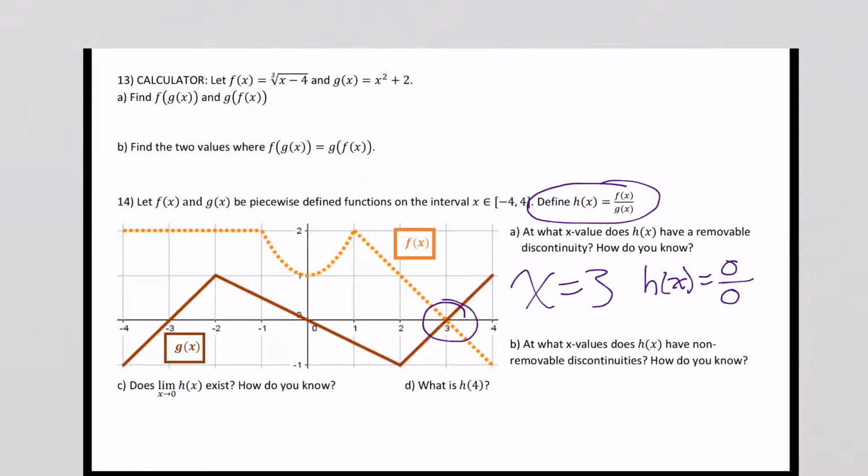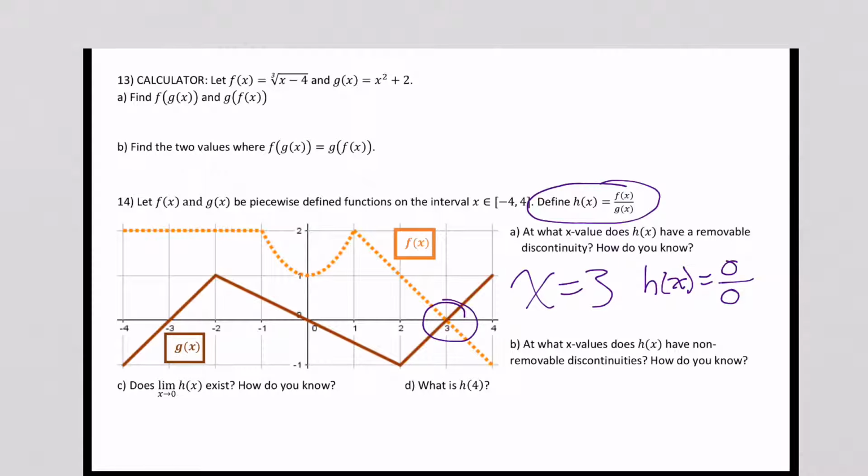Well, then question B says, at what x values does h of x have a non-removable discontinuity, and how do you know? Well, a hole happens when a rational function is defined as 0 over 0. A non-removable discontinuity, aka a vertical asymptote, happens when you get 0 only on the bottom of a fraction. So not in the numerator as well, but only on the bottom.